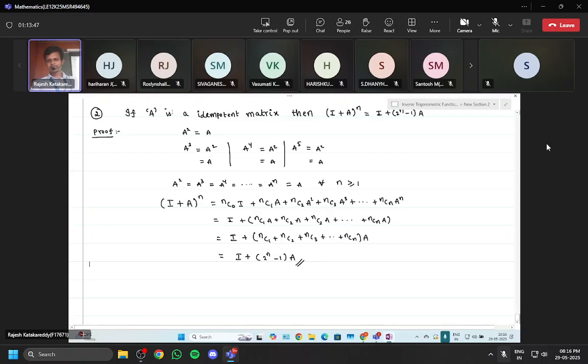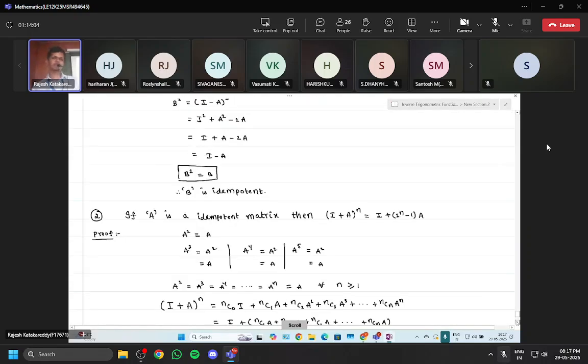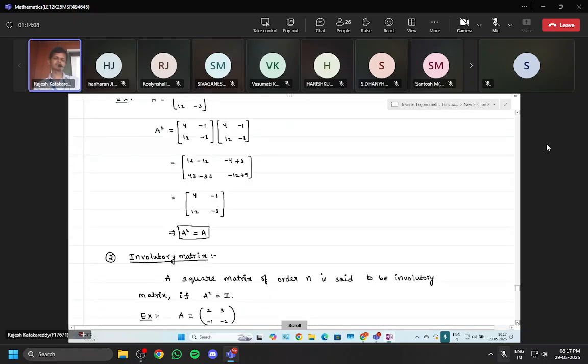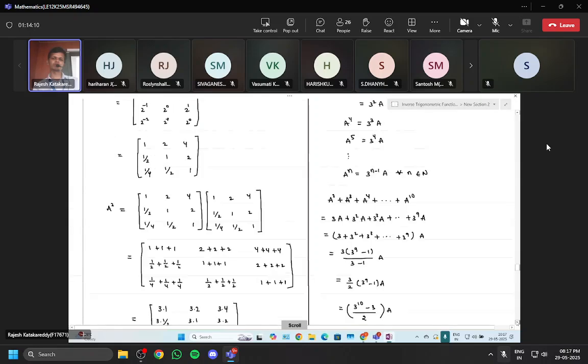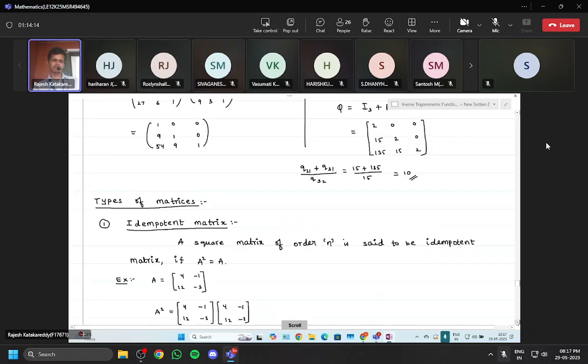So then we will see the trace of a matrix. I lost the count. I think 6 is product of matrices, and 7th one is trace of matrix. Correct? I have given the list. I didn't remember what the product of matrices number is. Can you check in your notebook? 7th is trace of matrix.